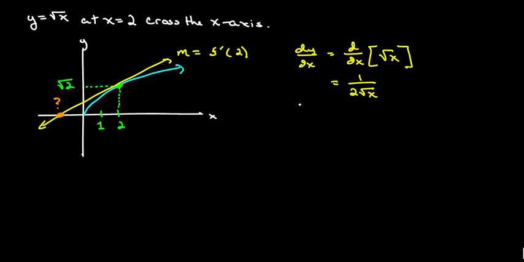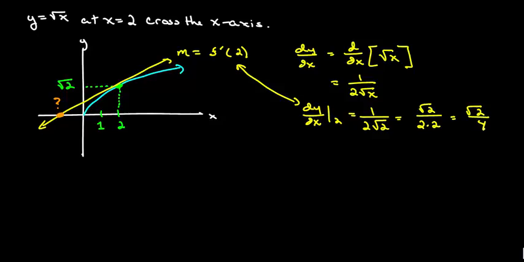So if we want dy dx evaluated at 2, these are different notations for the same thing, that gives me 1 over 2 square roots of 2, which is square root of 2 over 2 times 2, or square root of 2 over 4. So the slope of this line, the m value, is equal to the square root of 2 over 4.